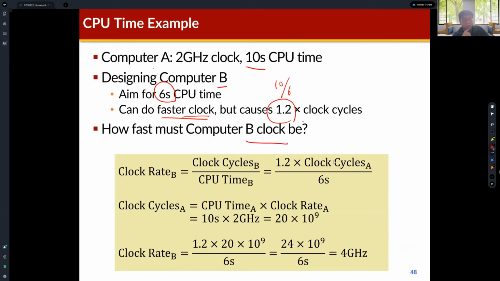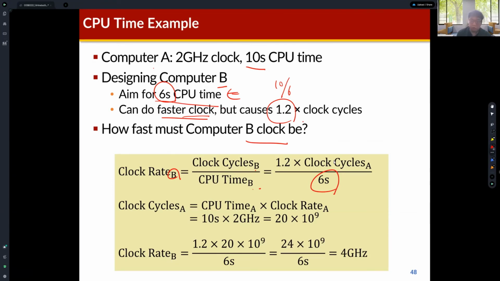How can we decide the clock rate of computer B? By the equation, the clock rate of B is the clock cycles of B divided by CPU time of B. The CPU time is given here, so it's 6 seconds. And what are the clock cycles of computer B?